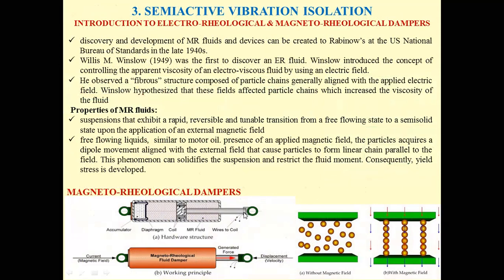When we pass the electric current through this coil, the MR fluid increases its viscosity, and because of that viscosity, the damping properties are used, so it can reduce your vibration, or it can be used as one type of damper.